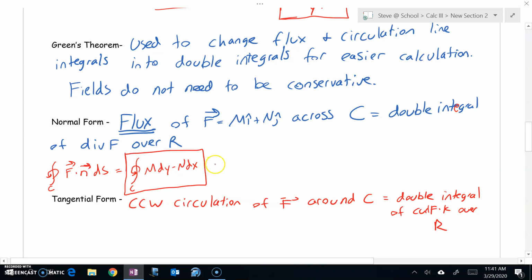So again, this right here was outward flux, and this is going to equal the double integral over the area of the region of the curve of the divergence of F, which we found out yesterday was this value here: the partial of the i component with respect to x plus the partial of the j component with respect to y.